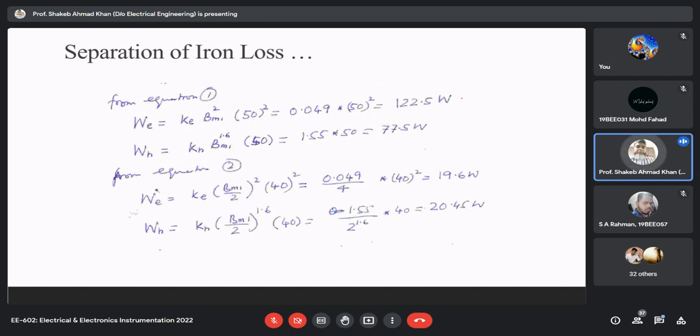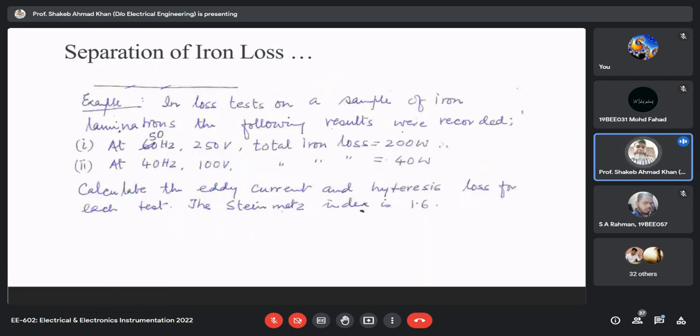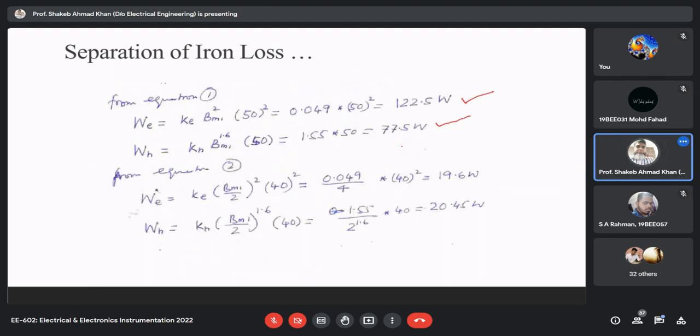We are getting your eddy current loss at 50 hertz from the test result, and your hysteresis loss. And just to check that your answer is correct or not, you sum these two. This sum should be equal to 200 watt at 50 hertz.